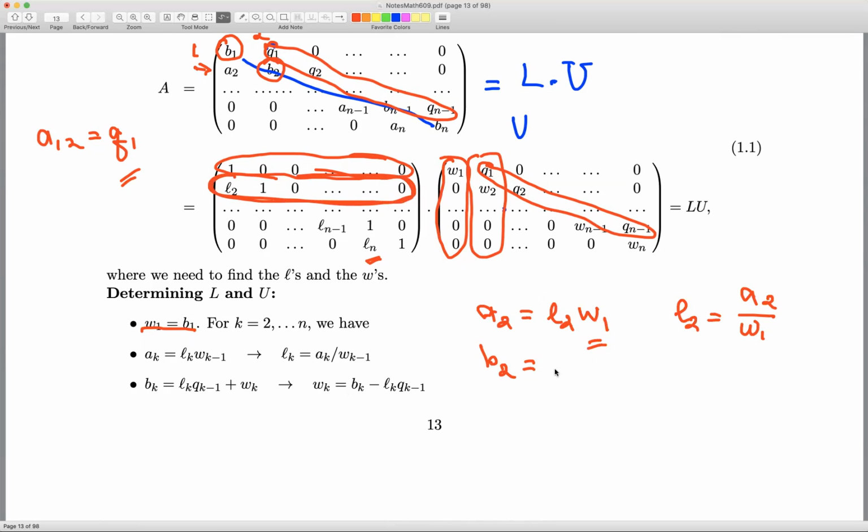So we have L2 Q1 plus W2. L2 has already been computed before, so we have L2.